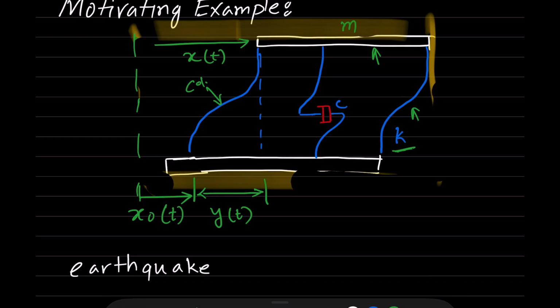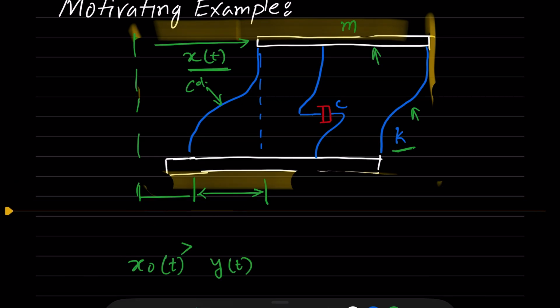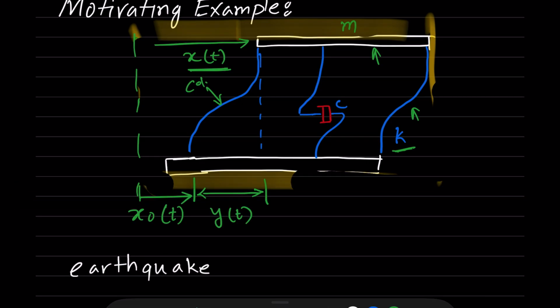So the vibration of the girder can be described as x(t). What would be the relative displacement between the girder and the ground? This is the ground, as you can see.